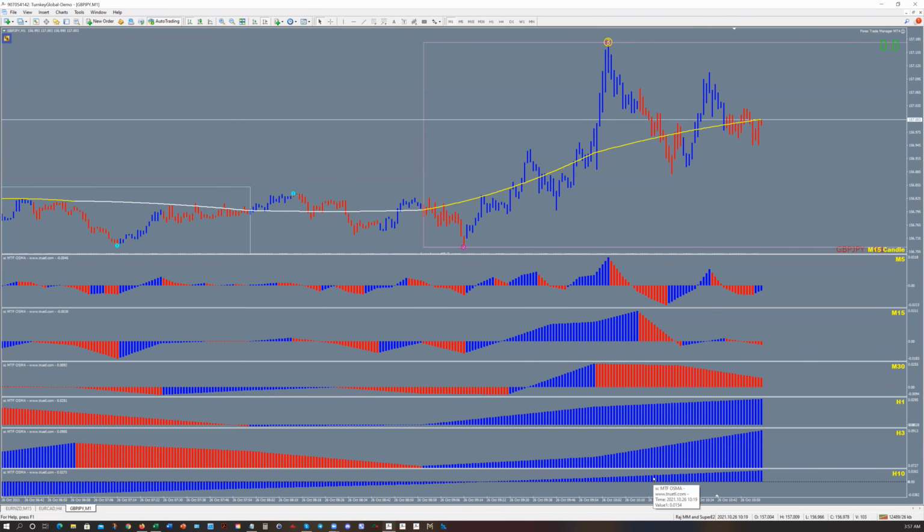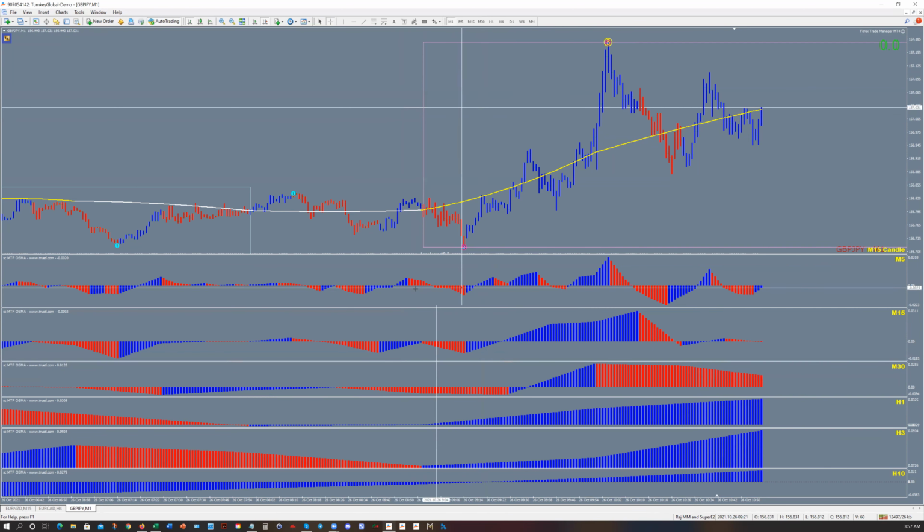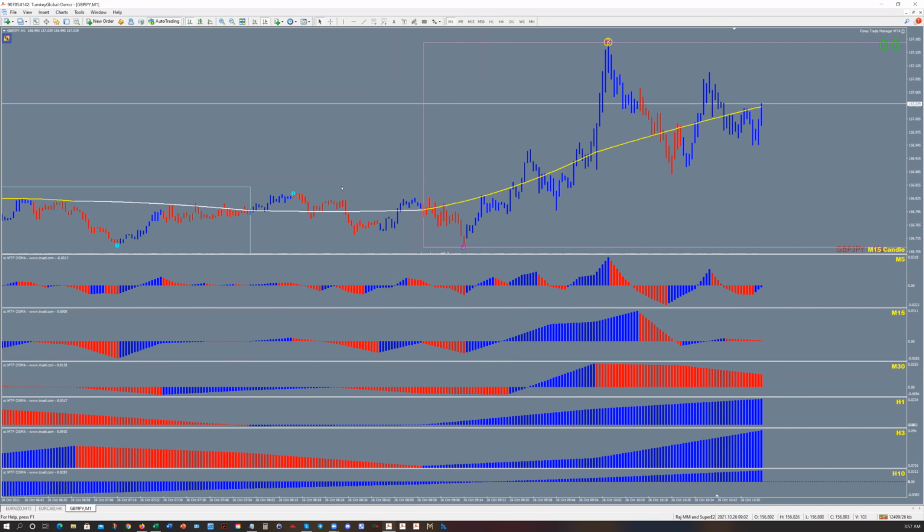Yes. So if the H10 color and the H3 don't match, but these 4 match, what do you do? Take a long. You take a trade, but you don't expect too much. Correct. Because until this changes, it's going to go sideways.